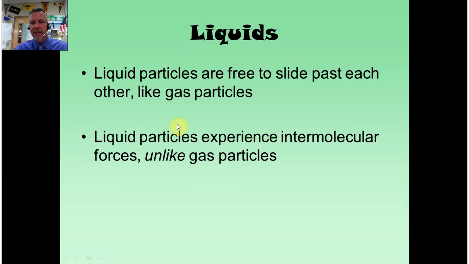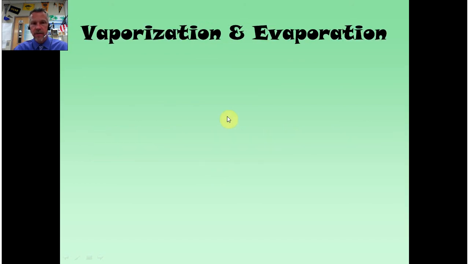So this makes liquids act a little differently than gases. That's what makes liquids cohesive, and that's what gives the liquid its ability to change its shape. As you know, if you pour a liquid into a container, it takes the shape of whatever container you put it in. That's because the liquid particles are able to move past one another and assume the shape of their container, unlike a solid.